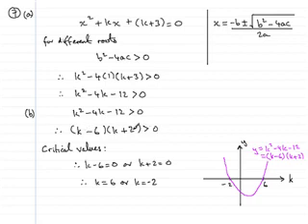I've got to look for what values of k make y come out greater than 0. Well, y is greater than 0 when you're on this branch of the curve and on this branch of the curve. It's above the k-axis, so y is positive here and here. Y is positive for values of k greater than 6 and values of k less than negative 2. I'll shade that portion in.